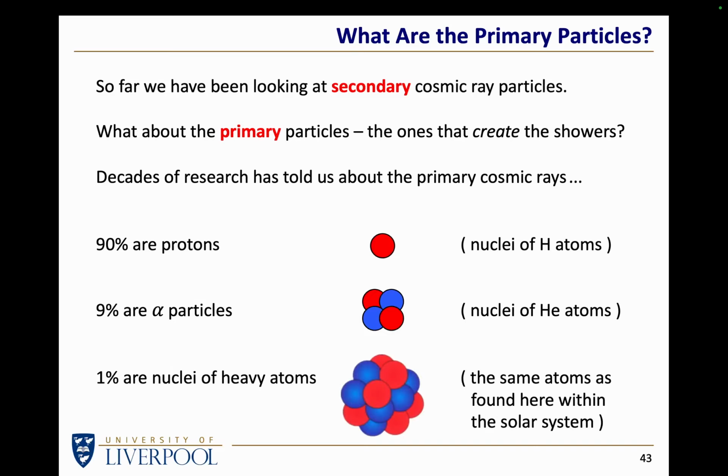of heavy atoms. In other words, which atoms? Well, all of them, essentially. If you think of all the atoms that we see in the solar system, lithium, beryllium, boron, carbon, nitrogen, oxygen, all the way up through most of the periodic table, it looks like cosmic rays are the same. They are the nuclei of all of those same elements.